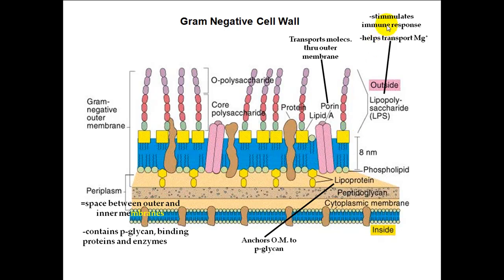So lipopolysaccharide stimulates an immune response. That makes sense because the cells that make up our bodies don't have lipopolysaccharide on them. So if our immune system sees this molecule, it should recognize it as something foreign, something that's found just on bacteria, and hopefully act against it to get rid of the bacteria.